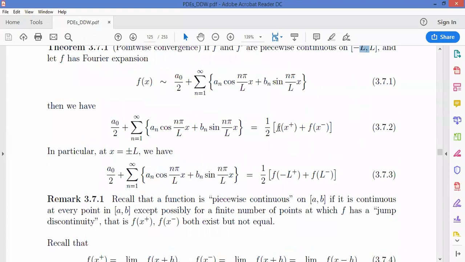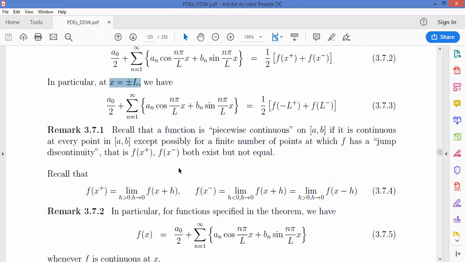That's why for f of x, it depends on where you are lying within that interval, and that's why we bring in the plus and the minus. If you do a direct substitution, this will be minus L but approaching from the right, and this is L but approaching from the left. X is simply plus minus L, which is directly picked from the interval.